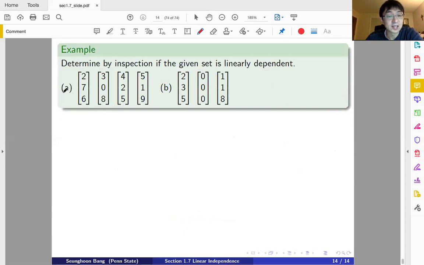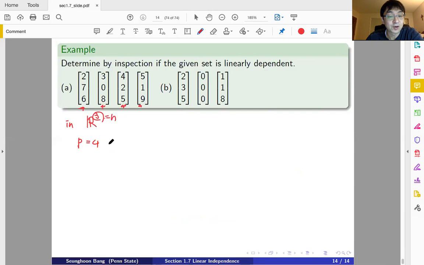Now here is another example. Is A linearly dependent or not? These vectors are in R3, right? The first, second, third entries, so n equals 3. How many vectors? 1, 2, 3, 4. So we have p equals 4.